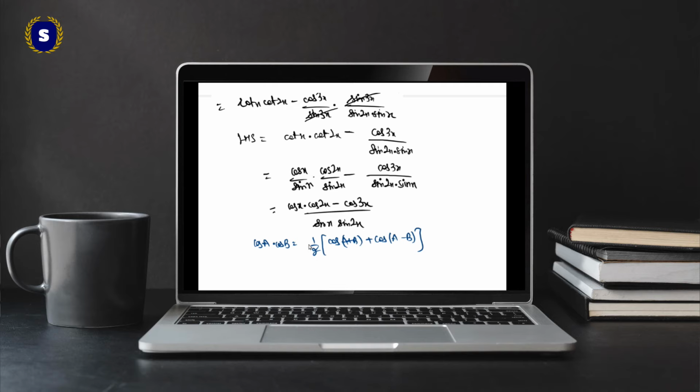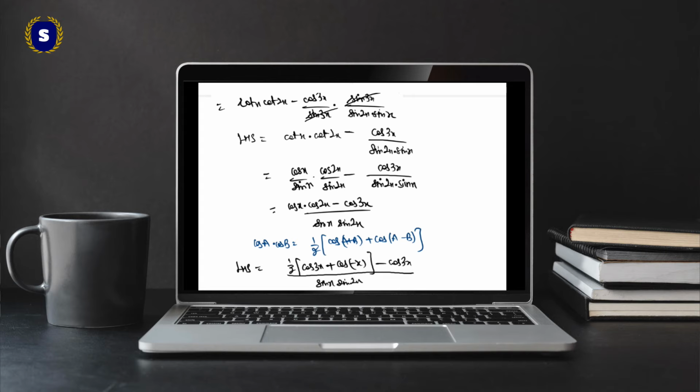So this will be forming LHS is equal to half of cos a plus b, that is cos 3x, plus cos a minus b, that is minus x, minus cos 3x upon sin x into sin 2x.